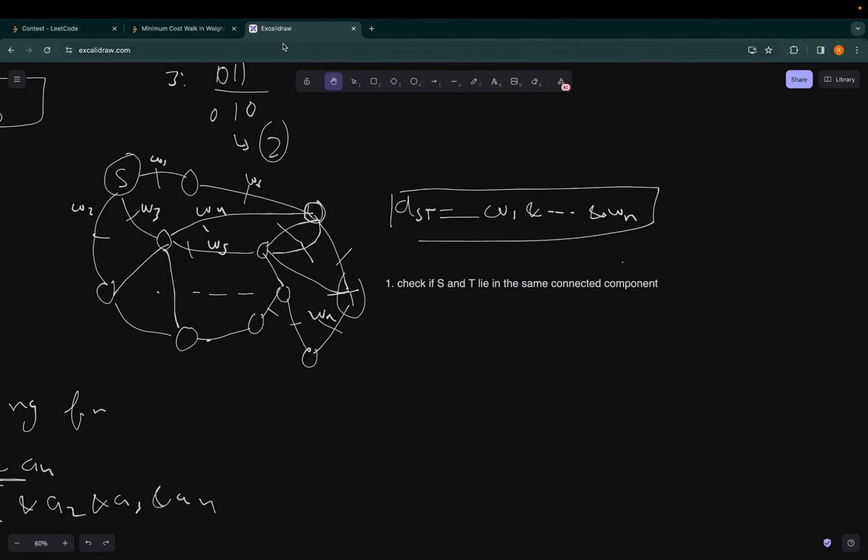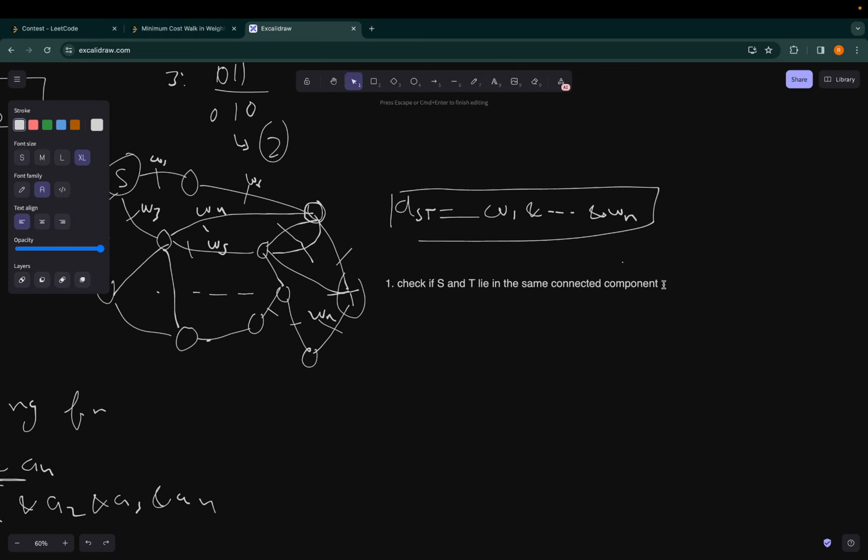Step 2 would be, if they do, check if S is equal to T, that means that you don't have to travel at all and the answer is 0, right?